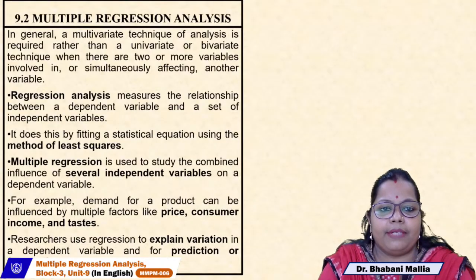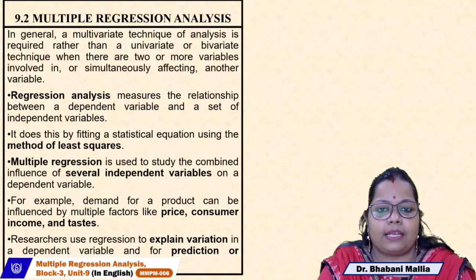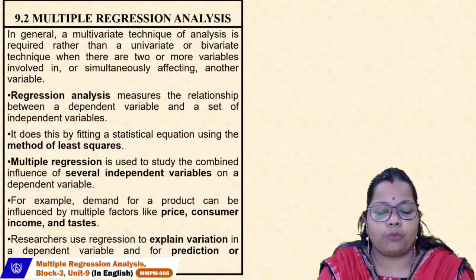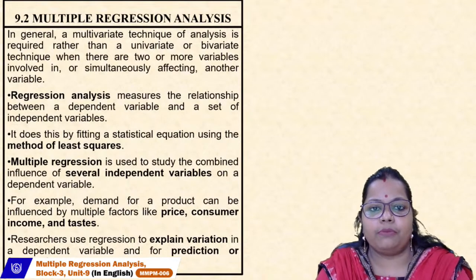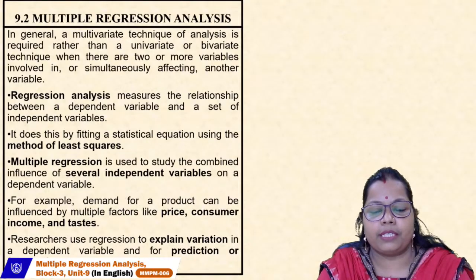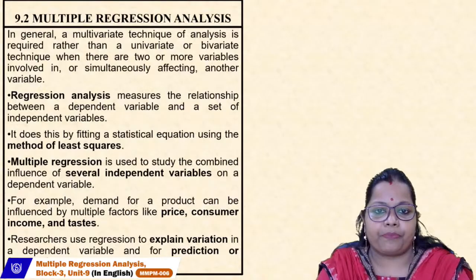In general, a multivariate technique of analysis means more than two variables. I am not saying one variable or more than one variable, because when there is a question of correlation or regression, then we definitely go for two variables.